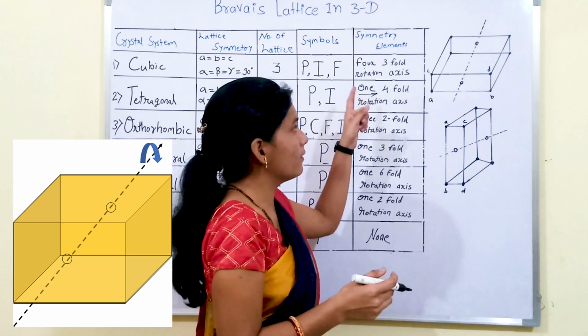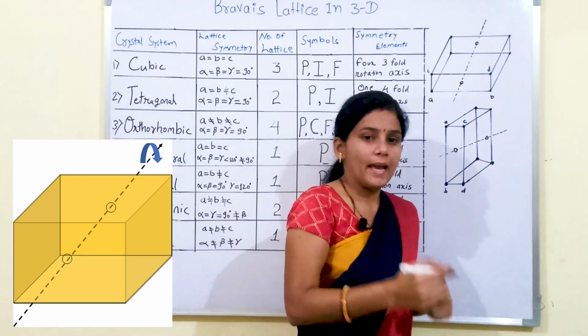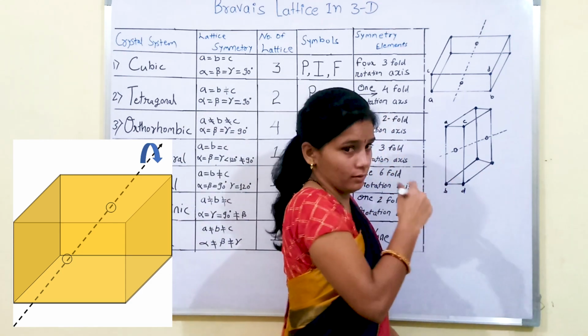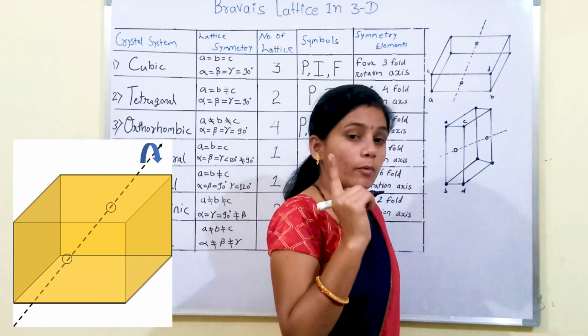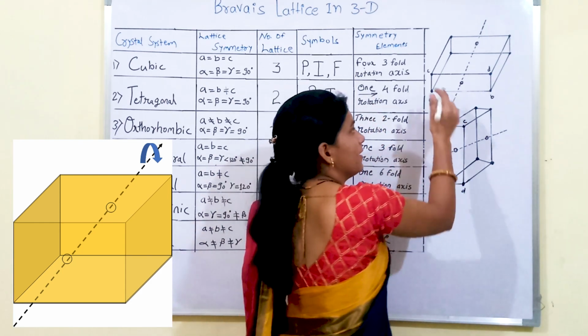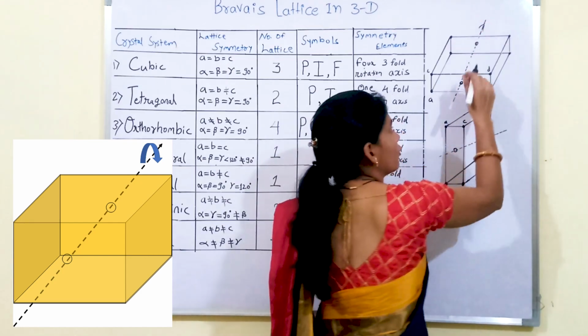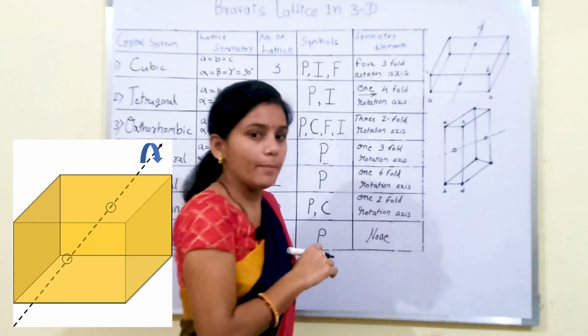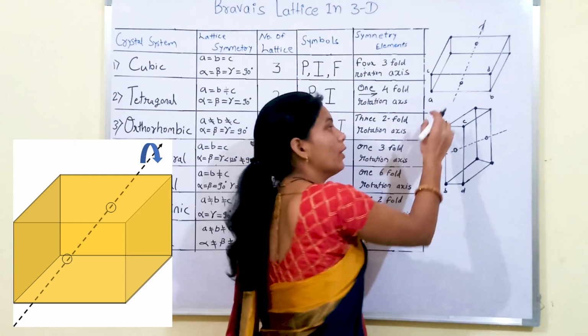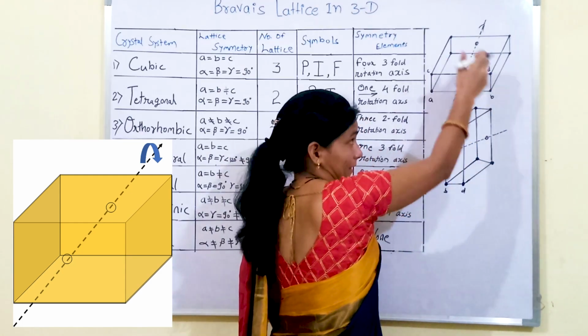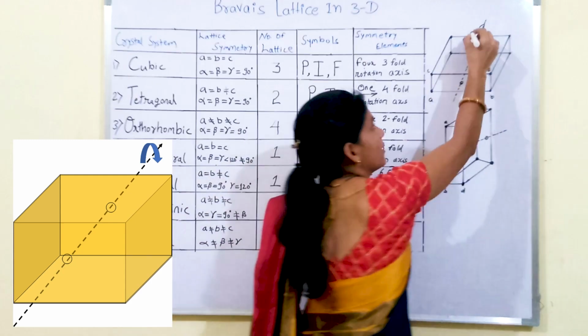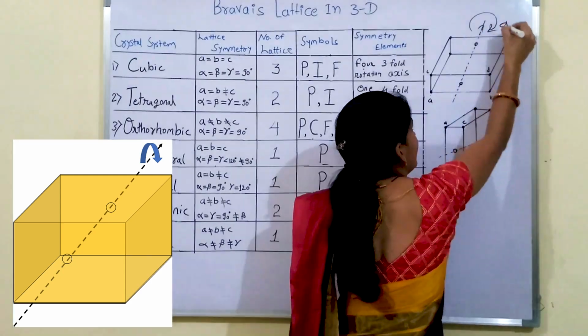But we have only one rotational axis in this tetragonal. We can see here this rotation axis is passing through parallel to the plane, and we rotate this tetragon along this rotation axis in 90 degree.